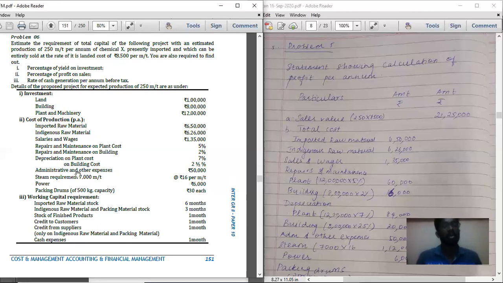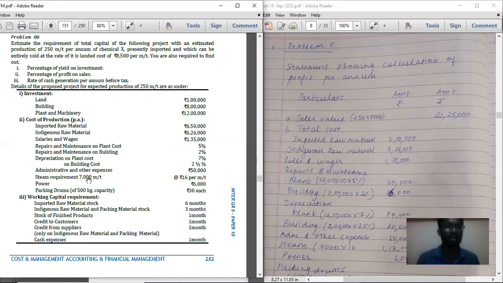Then for percentage of yield on investment, what is the total investment? Summation of this investment is the total investment. What is this percentage on yield? That percentage on yield is how much is the total sales value, that is 250 into 8500, 250 metric ton of quantity into 8500 per metric ton. So that is the sales value. And what is the total cost?